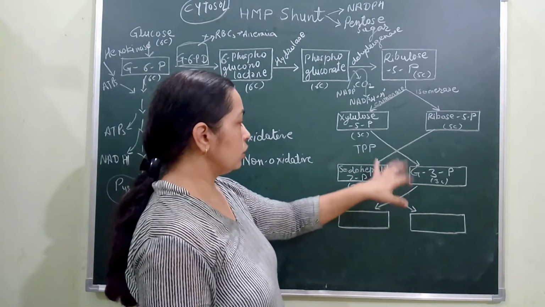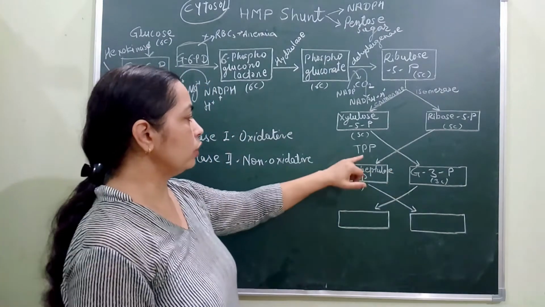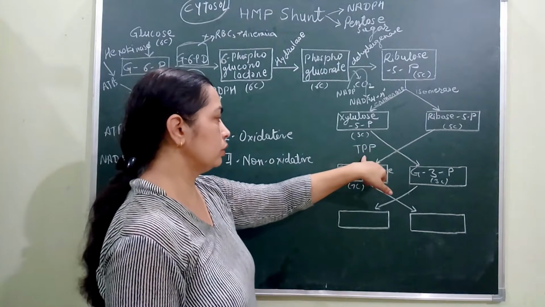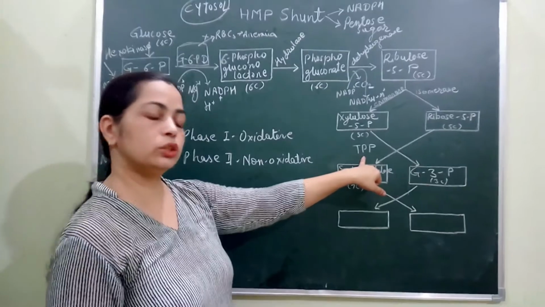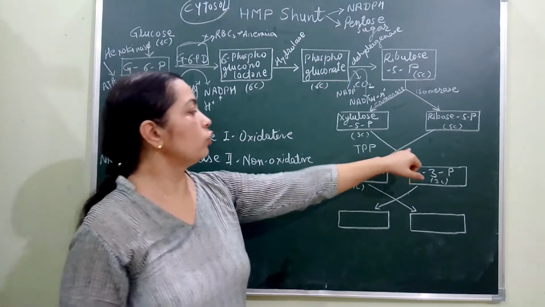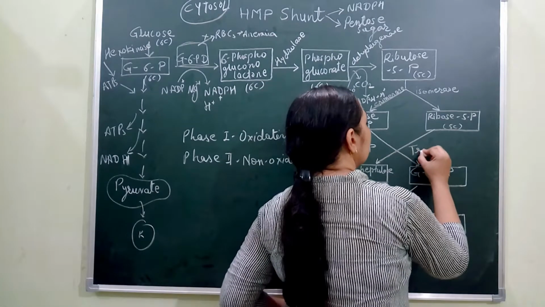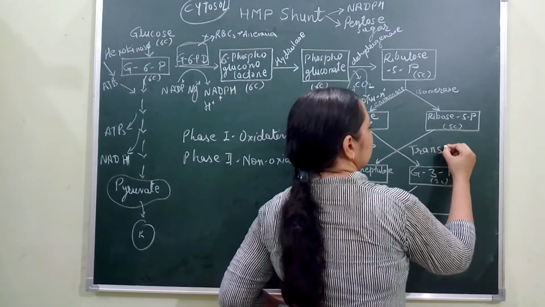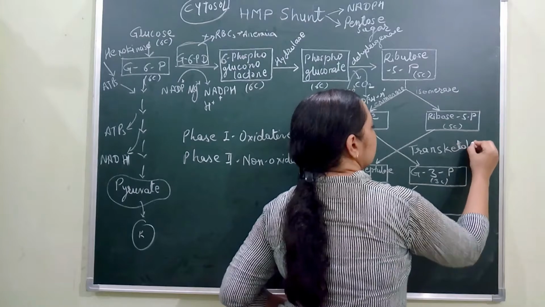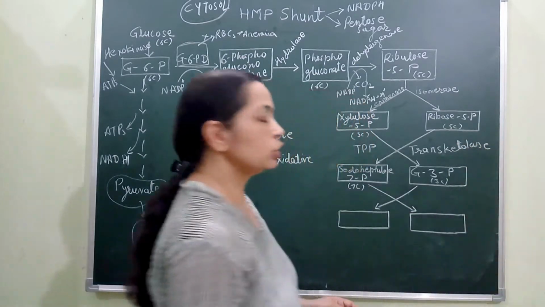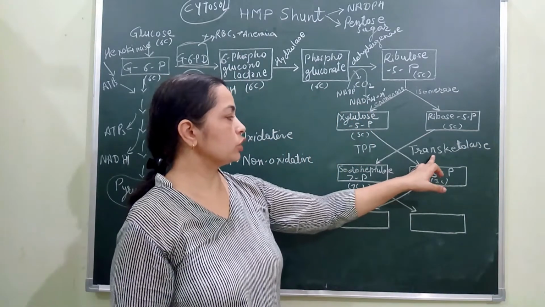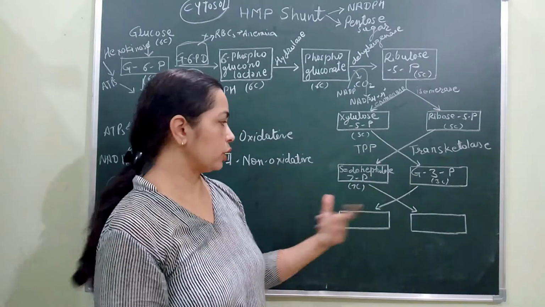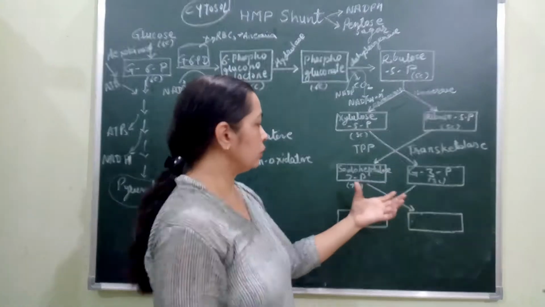Now the enzyme, sorry, I forgot. So this TPP, thiamine pyrophosphate, is going to act as a cofactor for the enzyme transketolase. So in the presence of transketolase, we are going to get these 2 products. Now in the last step, what happens?